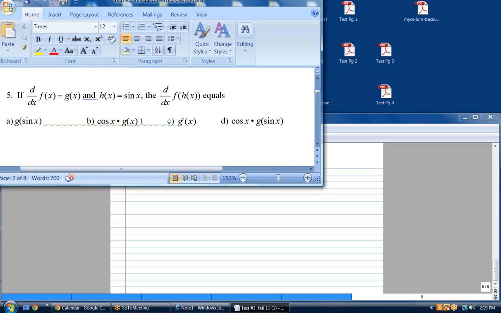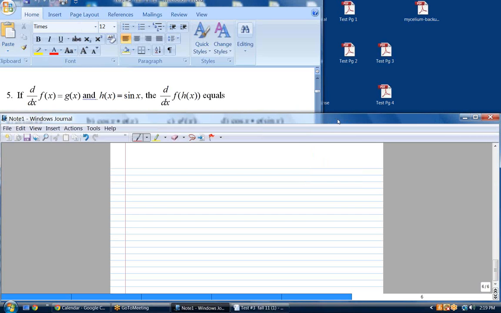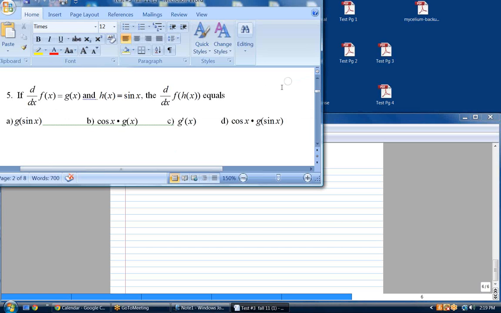I guess we could figure it out. Let's see if we can figure it out. Oh no, that's inverse. This is different. This is not the inverse. That's why I got confused for a moment thinking this was inverse.